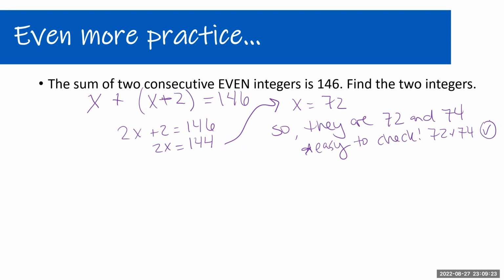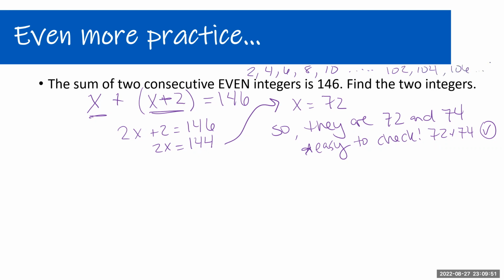Now, a lot of my students are usually confused by how I choose x and how I choose x plus 2. The important thing here is to think about any even numbers: 2, 4, 6, 8, 10, all the way up to 102, 104, 106, whatever.